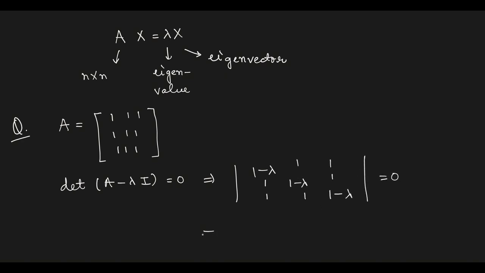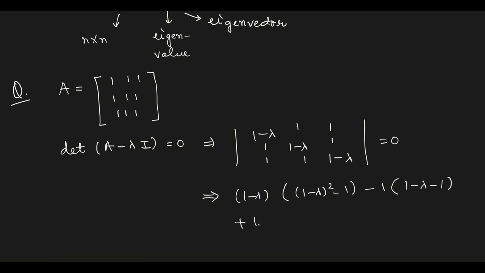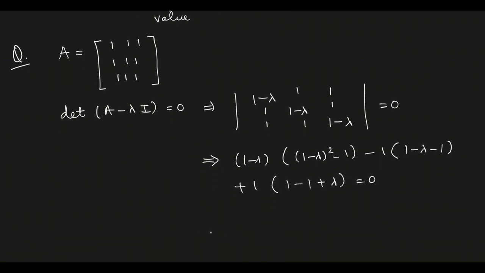So on opening the determinant, I will get (1 minus lambda)((1 minus lambda) square minus 1) minus 1(1 minus lambda minus 1) plus 1(1 minus 1 plus lambda) equal to 0.